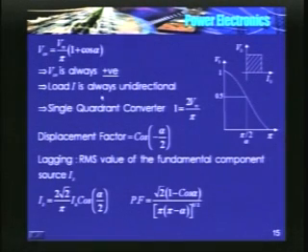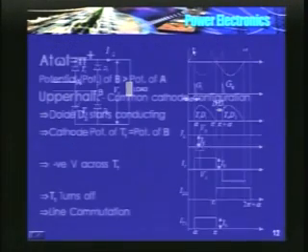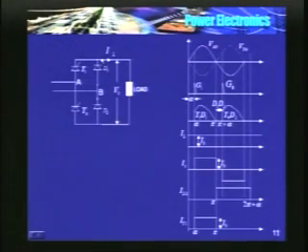Load current is always unidirectional. Current is always flowing from the positive DC bus to the negative DC bus. The average value of the output voltage is also always positive.